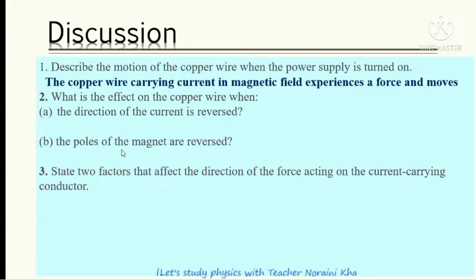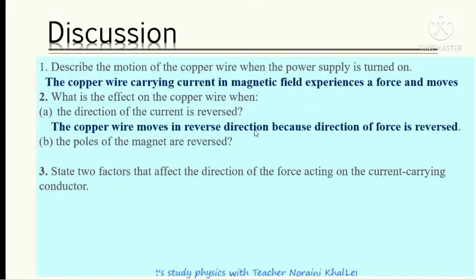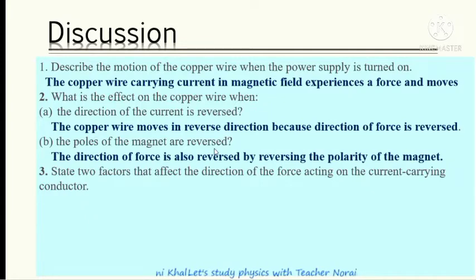The poles of magnet are reversed. We observed just now, when the direction of current is reversed, meaning the terminal is reversed, the copper wire moves in reverse direction. This is because direction of force acting on the wire is also reversed. The same thing happens when the poles of magnet are reversed. Direction of force is also reversed by reversing polarity of the magnet.